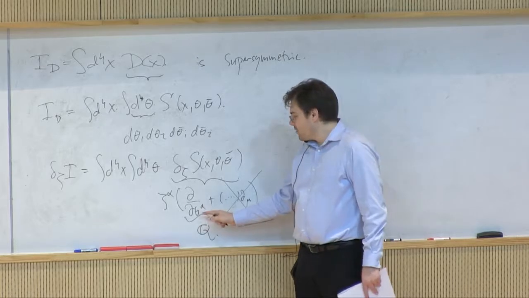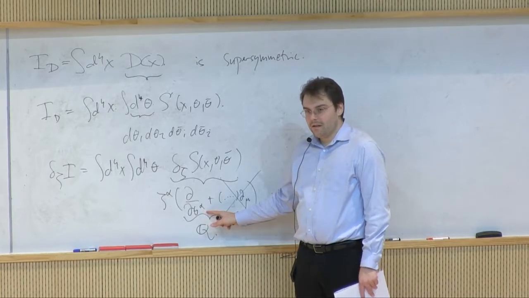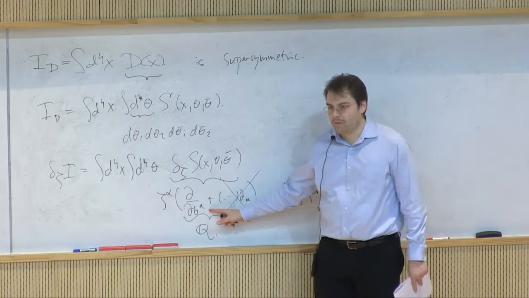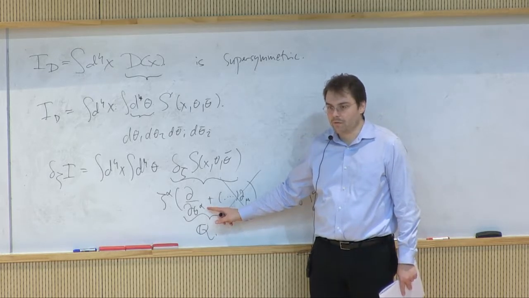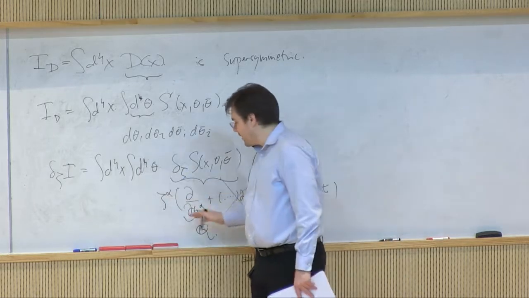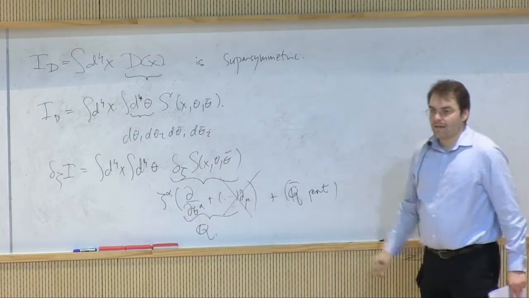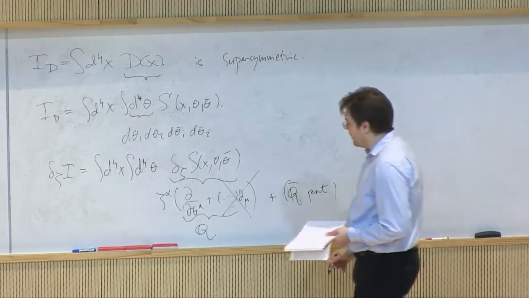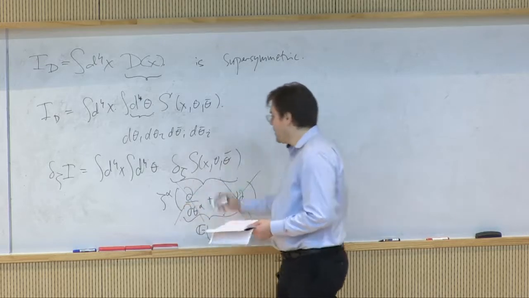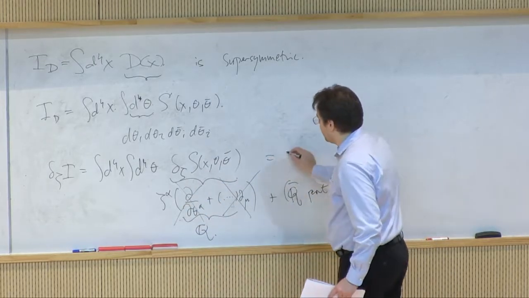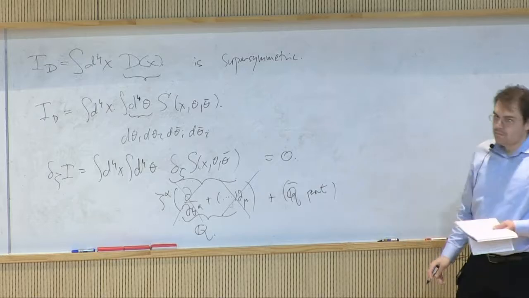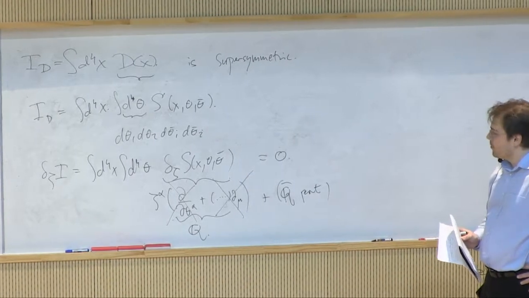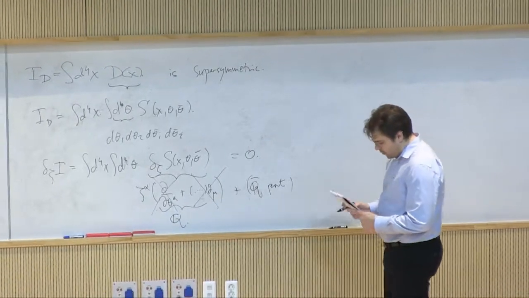But if you first act on a superfield with dd theta, then you will necessarily remove one theta from every term. And so there won't be a theta squared, theta bar squared term in that superfield after you do that derivative, and then this thing evaluates to 0. So you can think of that as translational invariance in the odd directions of superspace. So that also goes away, and that means that this whole thing is invariant. So this is a very easy way of seeing that D terms give rise to supersymmetric Lagrangians.